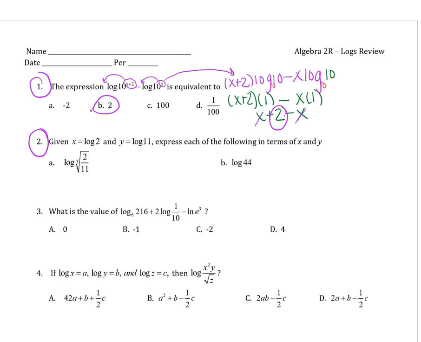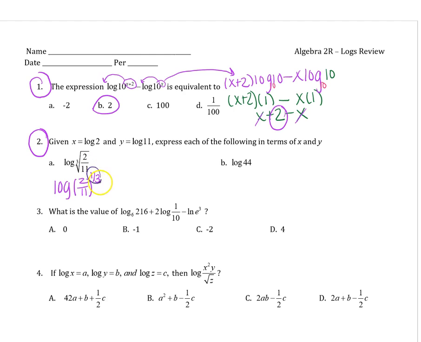Alright, for number 2, I'm going to just do A and B, where I'm going to expand this so that it's of the form log 2 and log of 11. So first thing you may want to do is think about this as log of 2/11 raised to the 1/3 power. So the cube root is the same thing as the 1/3.